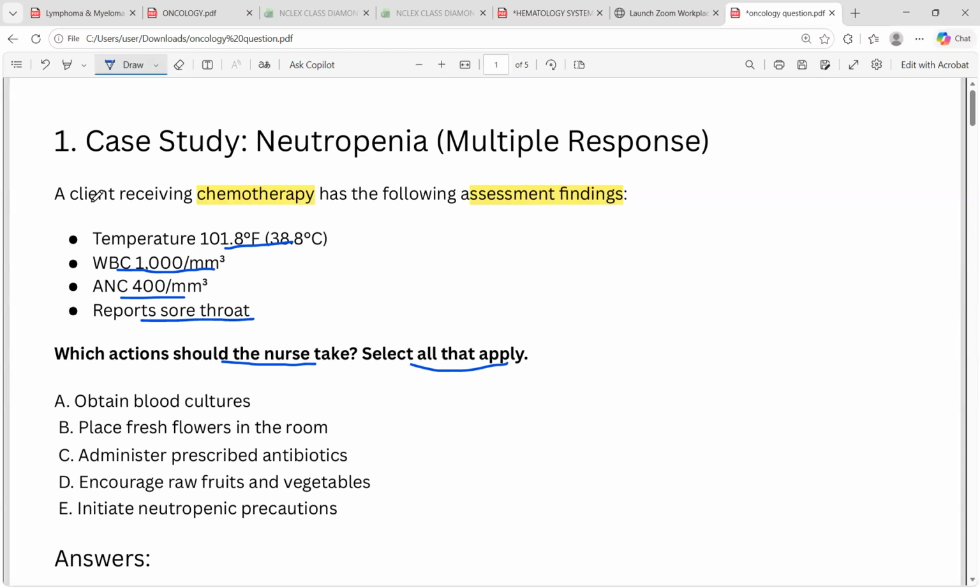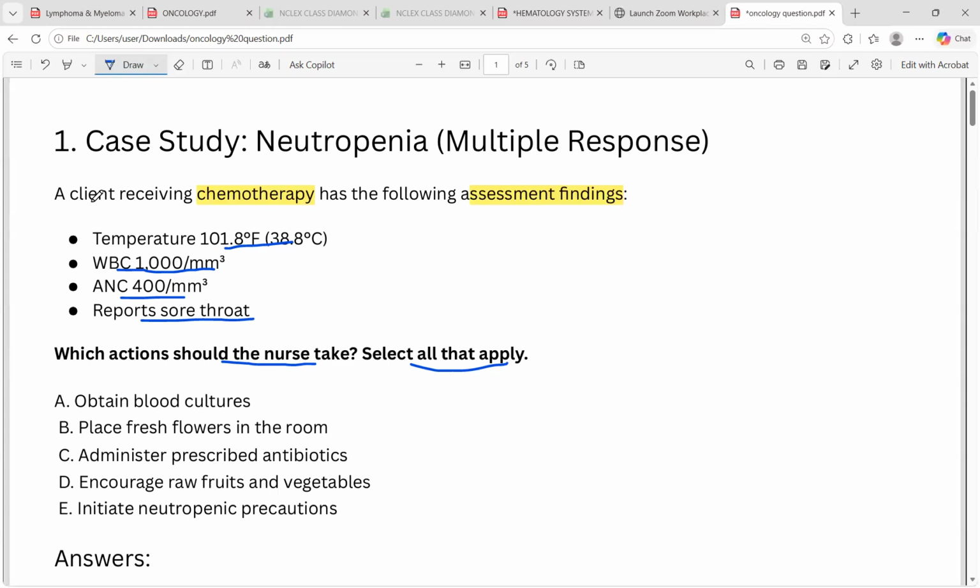The scenario here is a client who is receiving chemotherapy and has the following assessment findings: temperature 101.8 degrees Fahrenheit, WBC 1000, ANC 400. Then the client reports a sore throat.